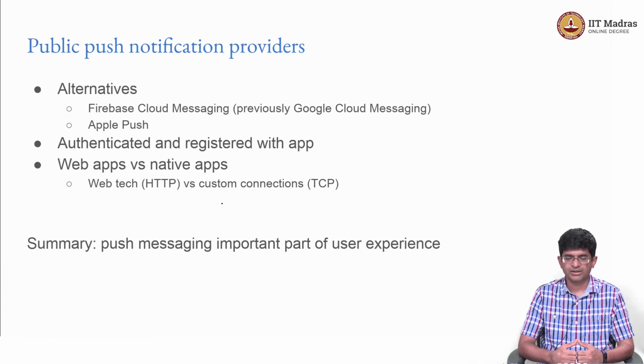There is also a difference in the way some of the communication works. Some of these work over regular HTTP, but some use customized connections. Especially in the case of native applications, you might be willing to use customized TCP level connections in order to accept these kinds of messages.